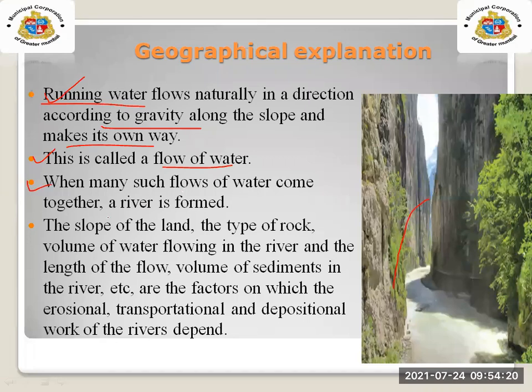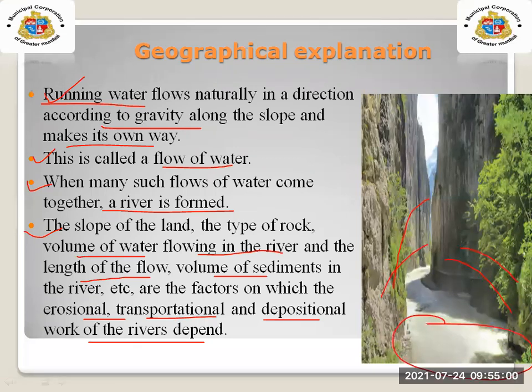When many such flows of water come together, a river is formed. The slope of land and the type of rock, volume of water flowing in the river, the length of the flow, volume of sediments in the river, etc., are the factors on which the erosional, transportational, and depositional work of the river depends. Means when such flows of water come together, a river is formed over there.